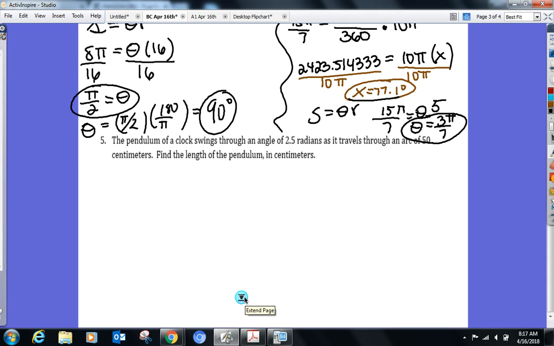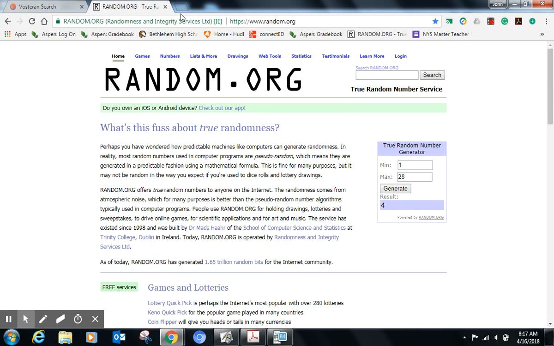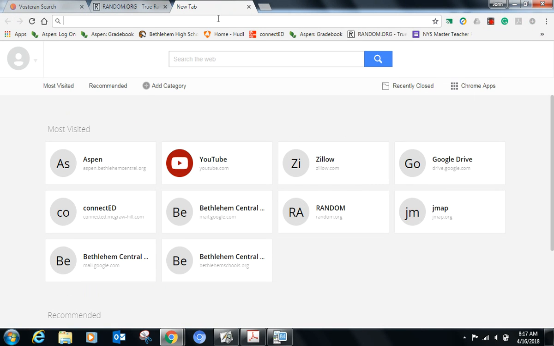Okay, so applying angle, radius, and arc length to a problem. I should have been more prepared here. The pendulum, anybody know what I'm talking about? Pendulum of a clock? Some people don't, that's fine. It's a little old school. Some people do have them in their houses, but some people do not, including myself.